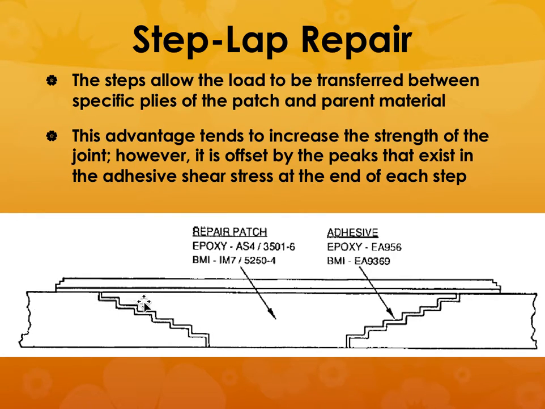You remove material in a stepwise fashion, and then you put the patch in the area. Okay, and then you ensure that it is well bonded with the structure, and then you have a top layer, and then you have to make sure that it matches with the profile of the upper structure.